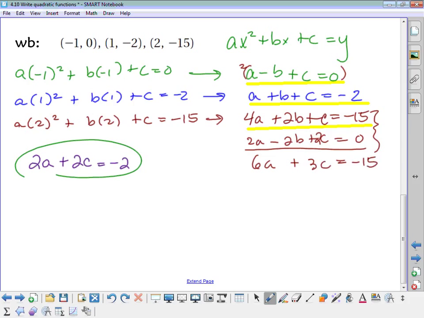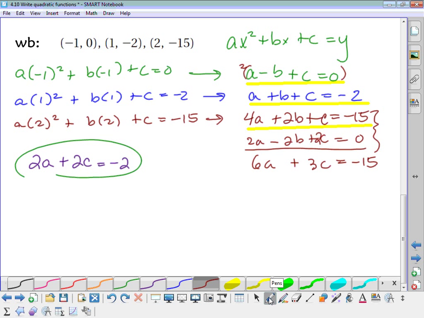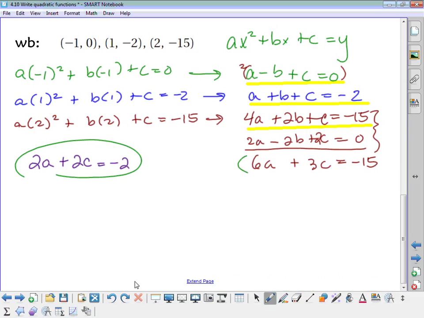Okay, so now what I'd like to do instead, I think, is I'm going to divide this one by 3. Everything divided by 3. And then I get 2a plus c is equal to negative 5.